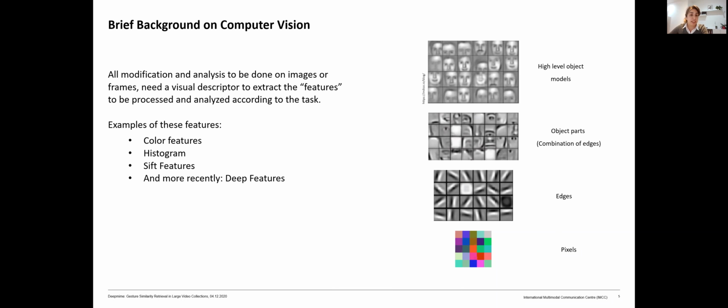I'm talking about deep features because they are being used in our work also, which are based on neural networks, where the input image is given to the network, and at the lower levels the features being extracted are more toward edges and shapes, and the deeper the network gets, the features being extracted are more semantic and higher level.